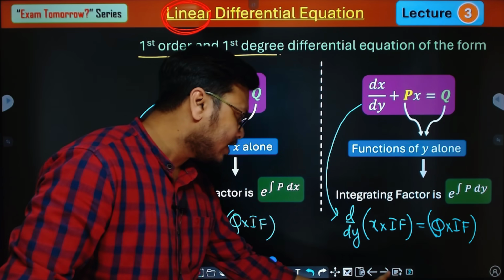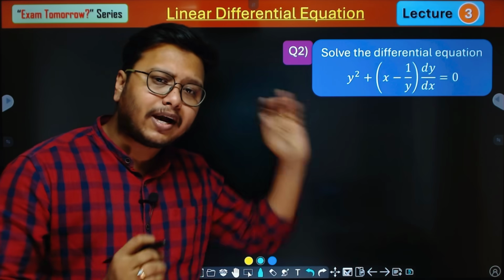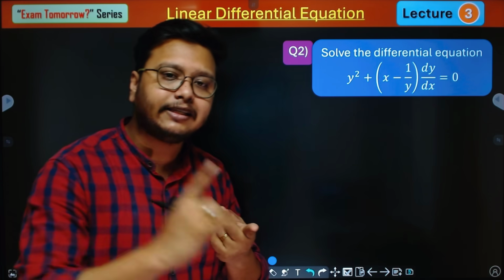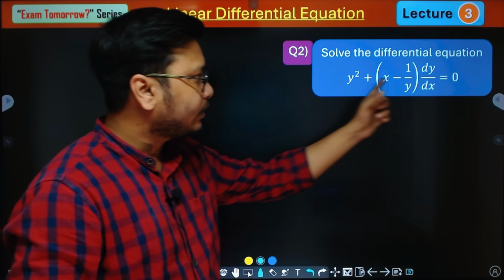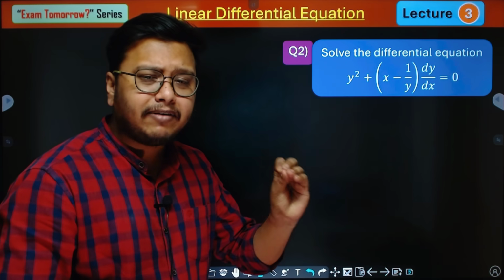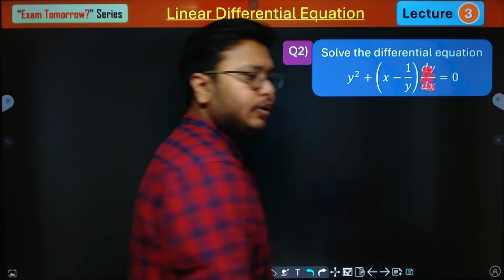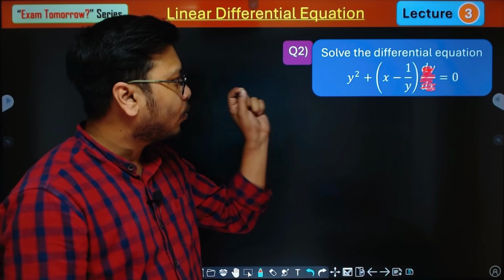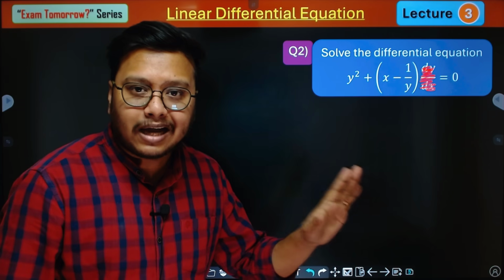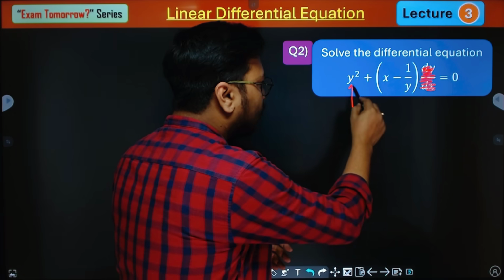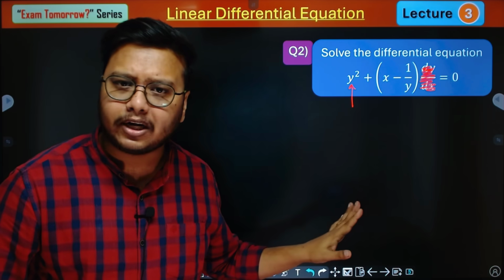So let's move on to question number 2. First we need to look at the question and decide whether it is linear in x or linear in y. How to understand that? Suppose the derivative term is invisible to you. Now what is the linear variable you can observe? Definitely y is not linear because y to the power 2 is present, a higher power, so not linear.